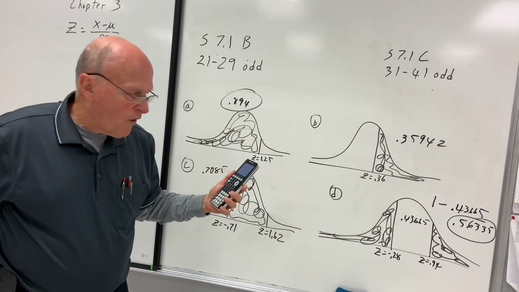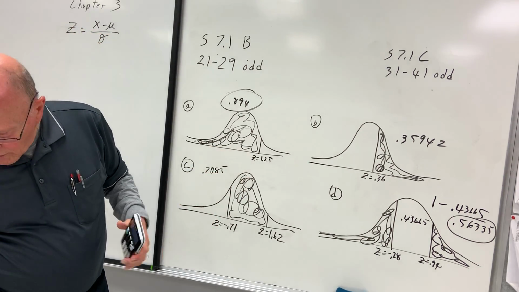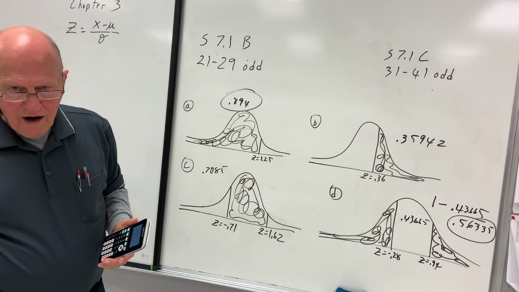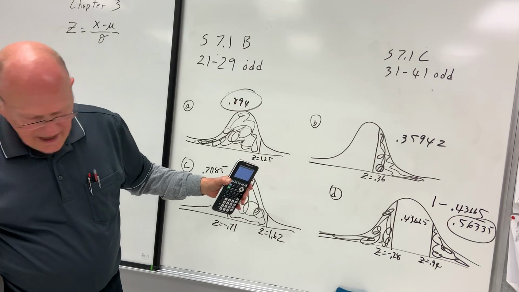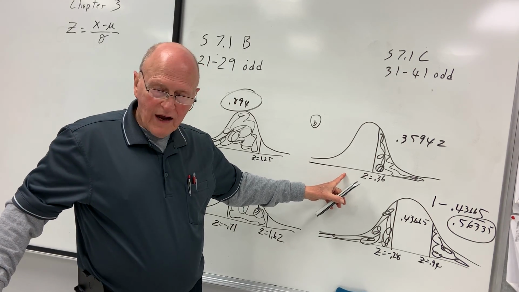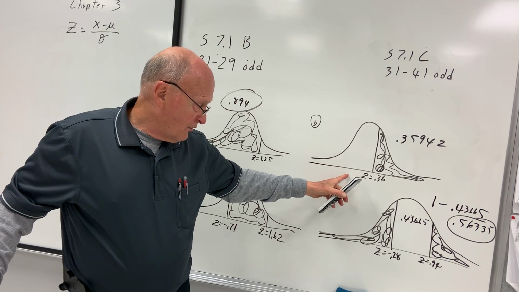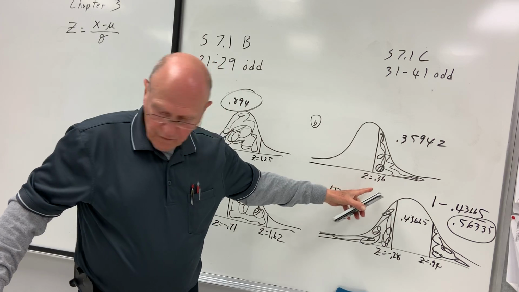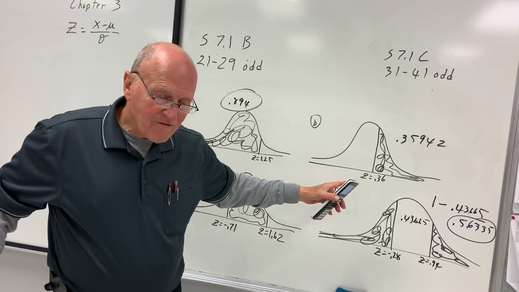When I get 24, it's going to be worked just like this. When I get to 25, they're asking for the area to the right of the curve. So they're giving me, like on the first one there, A, they're starting off with negative 1.55 going right here. So I'll work it exactly like I did B. The only difference is, instead of plugging in 0.36, I would plug in negative 1.55.